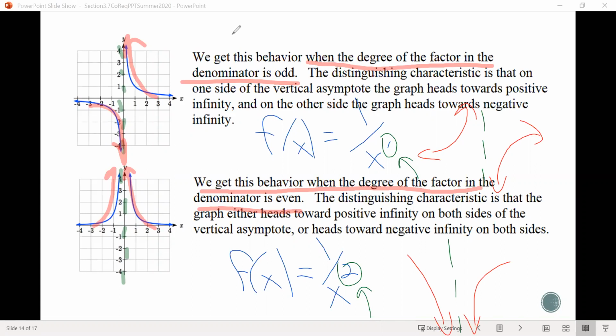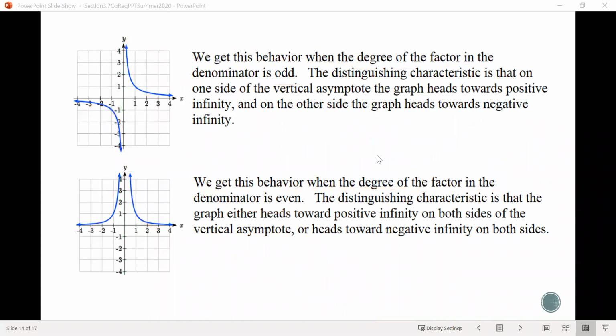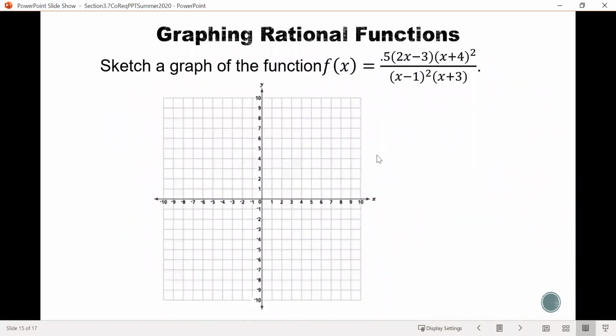All right, so let's use this information along with the information we found before, and let's graph the function we were working on. So f of x equals 0.5 times (2x minus 3) times (x plus 4) squared, all over (x minus 1) squared times (x plus 3). We're going to start by putting in the locations of all of our asymptotes, as well as our intercepts.